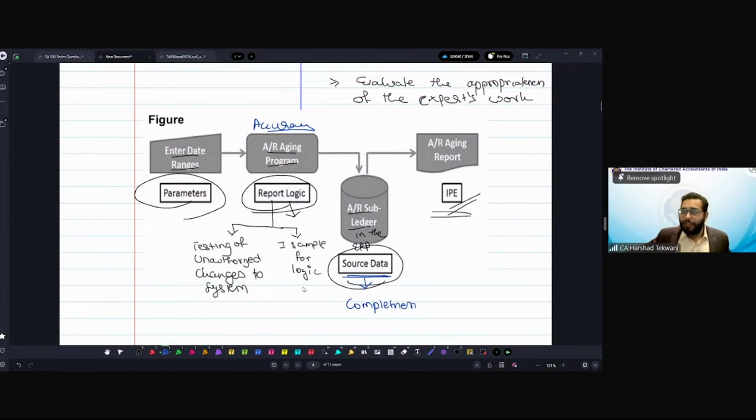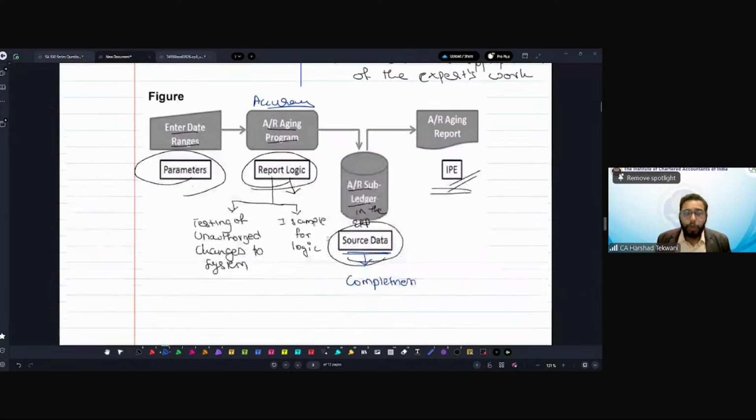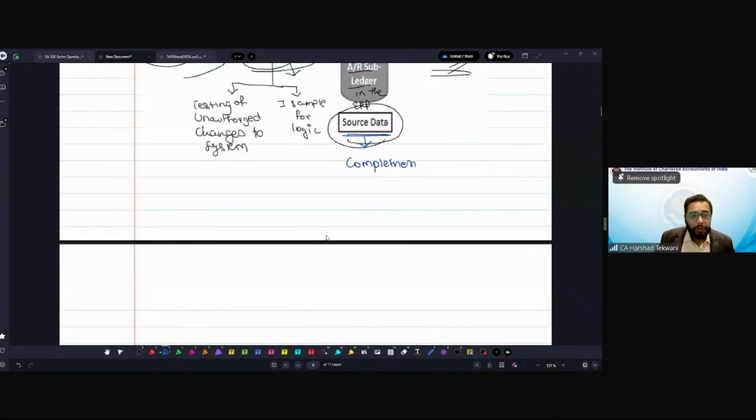All the entries which are there are approved and authorized and correct. And for that, I need to perform some procedures to validate that. Usually, what we do is we verify this particular part in two categories. One, TOC. Remember something? TOC that we discussed in the last session?